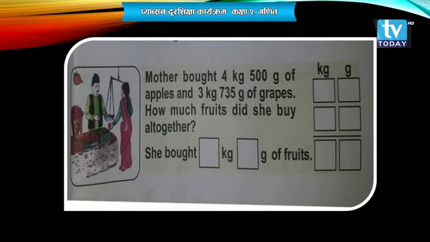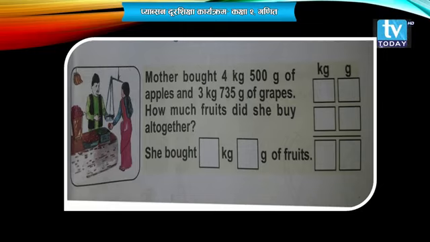Mother bought 4 kg 500 gram of apples and 3 kg 735 gram of grapes. Then how much fruit did she buy altogether? So let's have the answers over here. How to write down the answers? Write down the solution first.